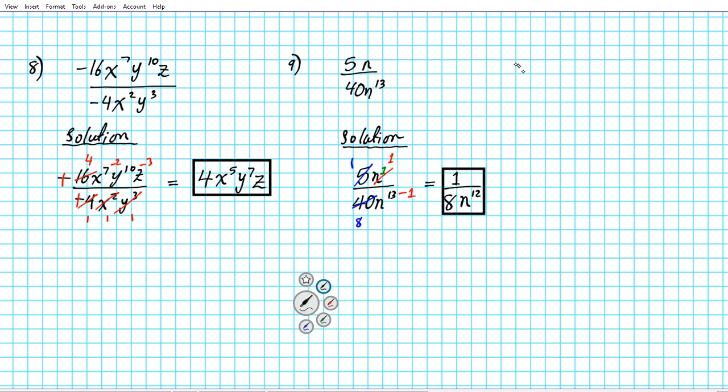Okay, let's take a look at question 10. So for question 10, let's say we have 24x raised to the 12th power, y raised to the 9th power, divided by 72x to the 5th power, y to the 7th power.